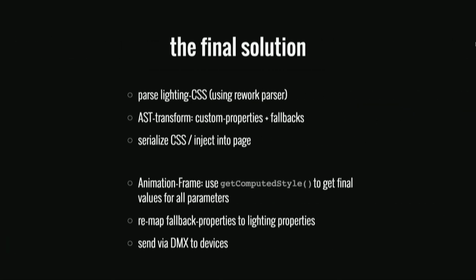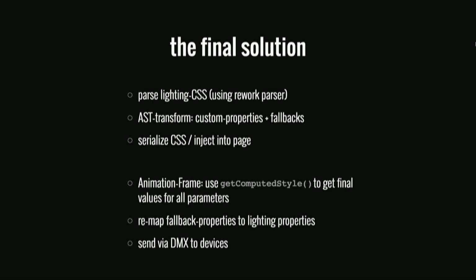So what happens in total is we take this one big style sheet, and this is parsed using the Rework parser. Then there's a tiny AST transform function that will add the 2 dashes and introduce these fallback properties. Then the CSS is injected into the page, at which point it will already apply to the device elements that are there.